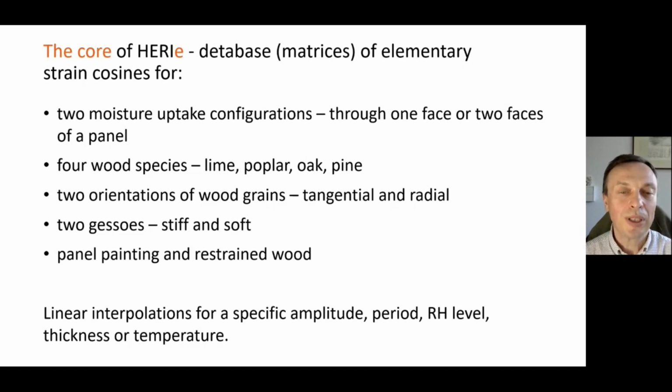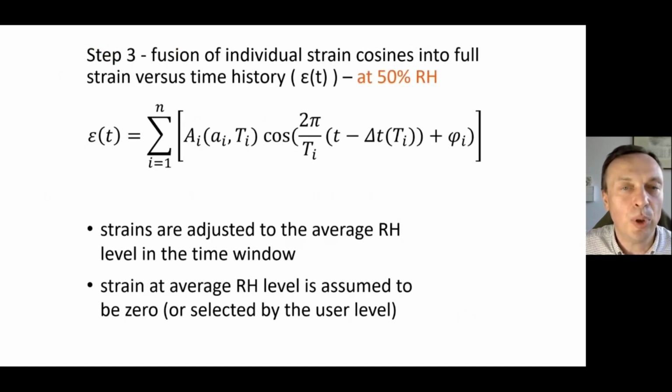And we use linear interpolation to find the values which fall between the calculated strains. So as you can see, there were quite a lot of calculations. The database is very large, but it allows us to pull all information back without waiting for a long time for the full finite element modeling.